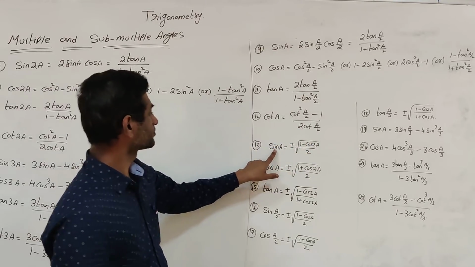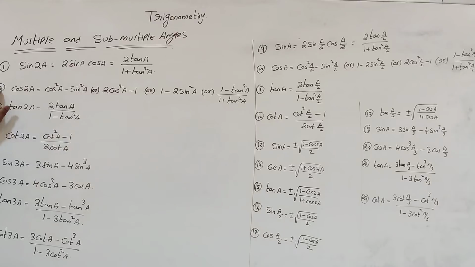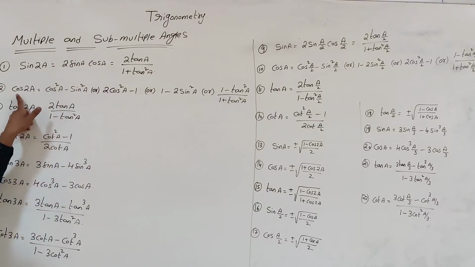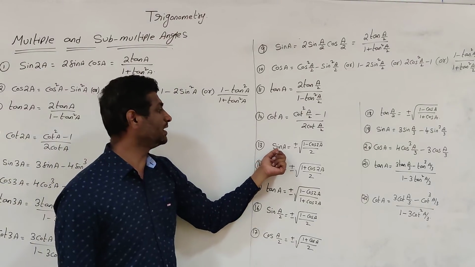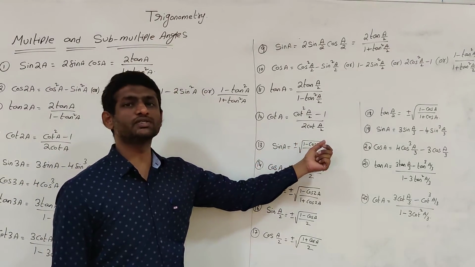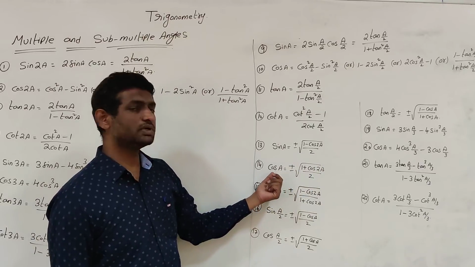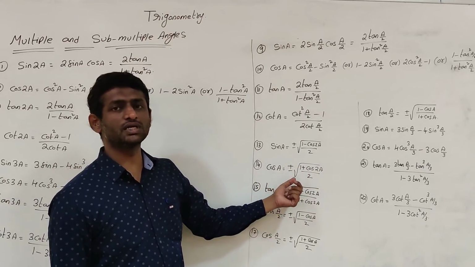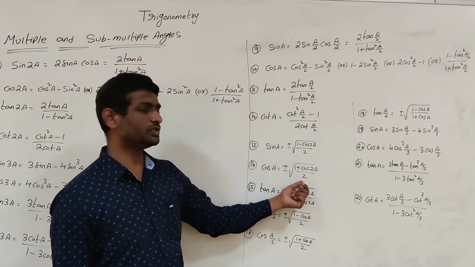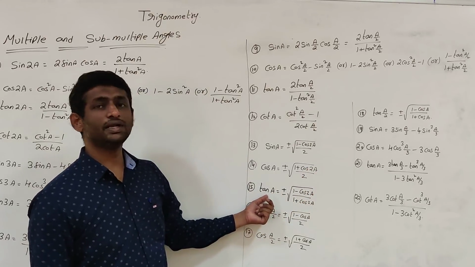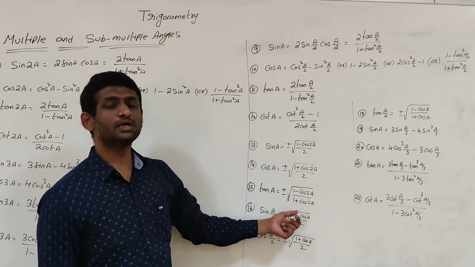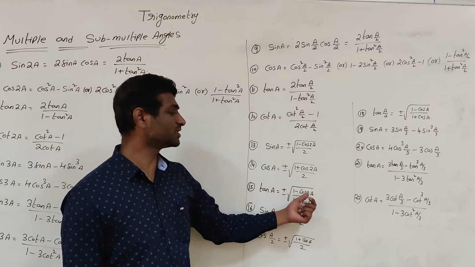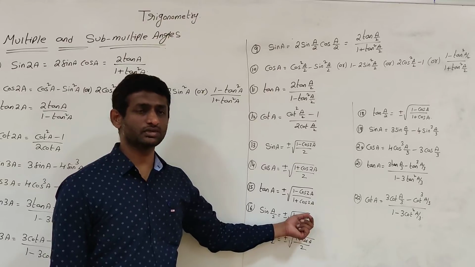Next, sin A. From this second relation, cos 2A is 1 minus 2 sin square A. If we simplify, then sin A will be plus or minus under root of 1 minus cos 2A by 2. Similarly, cos A will be plus or minus under root of 1 plus cos 2A by 2. Tan A is sin A by cos A. If you take this ratio, then you will get plus or minus under root of 1 minus cos 2A by 1 plus cos 2A.